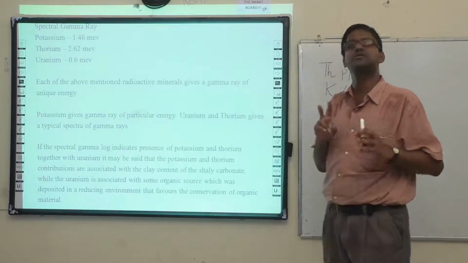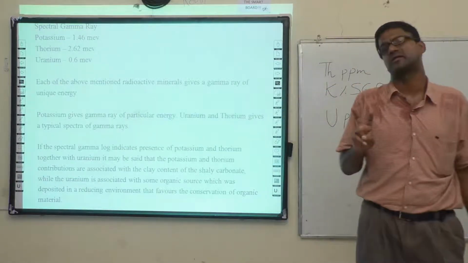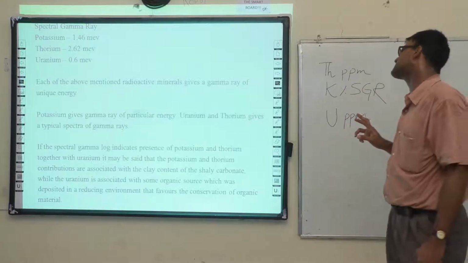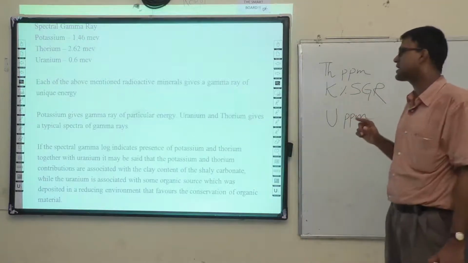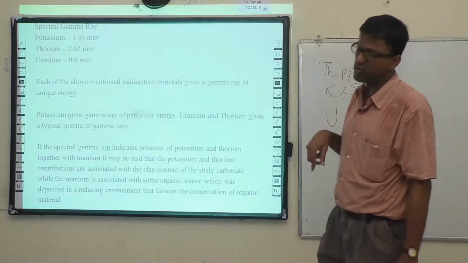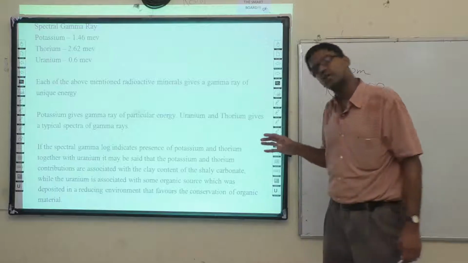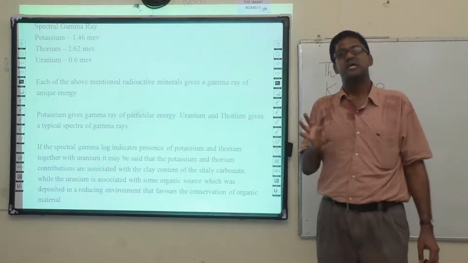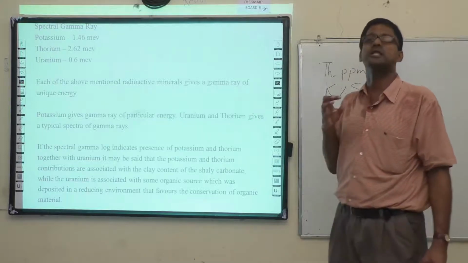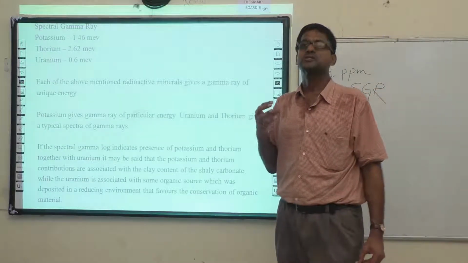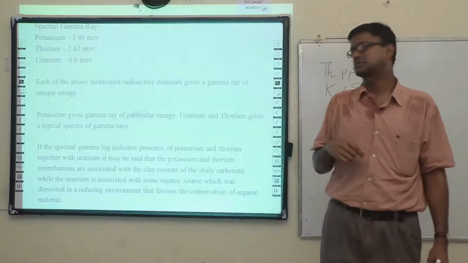Okay, reducing. So there are actually two types of environments: reducing environment and oxidizing environment. Reducing environment is in the absence of oxygen, and oxidizing environment means in the presence of oxygen. Now, this organic source, if it gets deposited in the reducing environment, only then will the source material be converted into hydrocarbons.